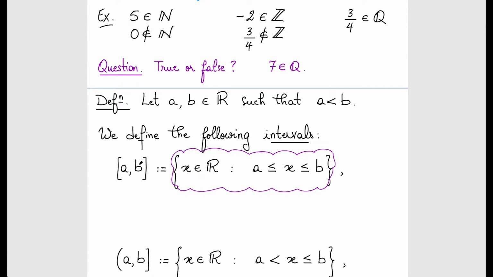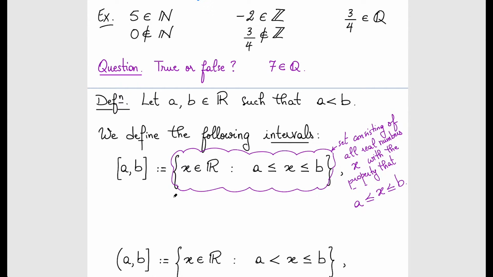That generic element, any element in this set, should be a real number, but not any real number is invited, just those which are between A and B. So it's the set consisting of all real numbers X with the property that X is at least A and is at most B. This is what this bubble means.